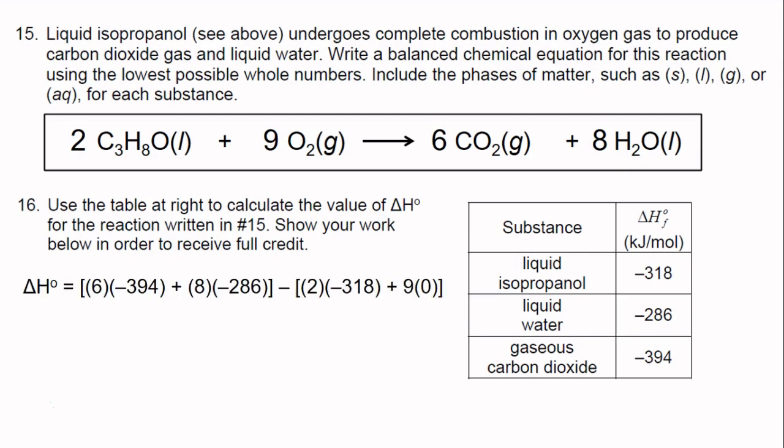So 6 times the number for CO2 plus 8 times the number for water, and then minus the reactants, 2 times the number for isopropanol, and of course oxygen is 0 because it is an element. If we do this math, we get the delta H for this reaction, negative 4,016 kilojoules.